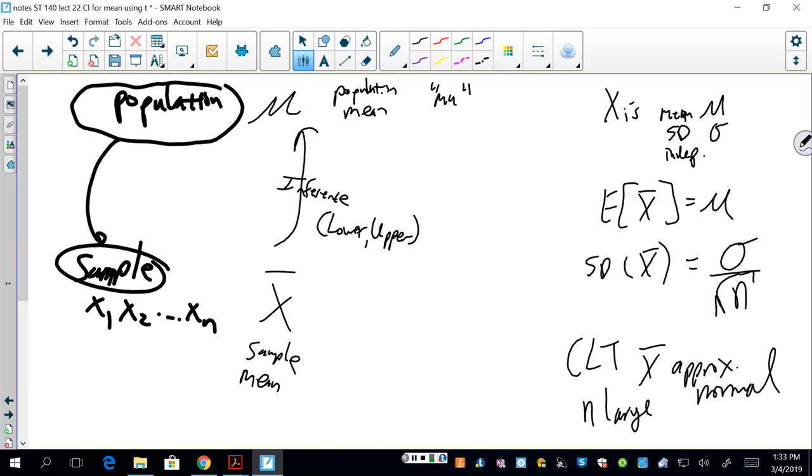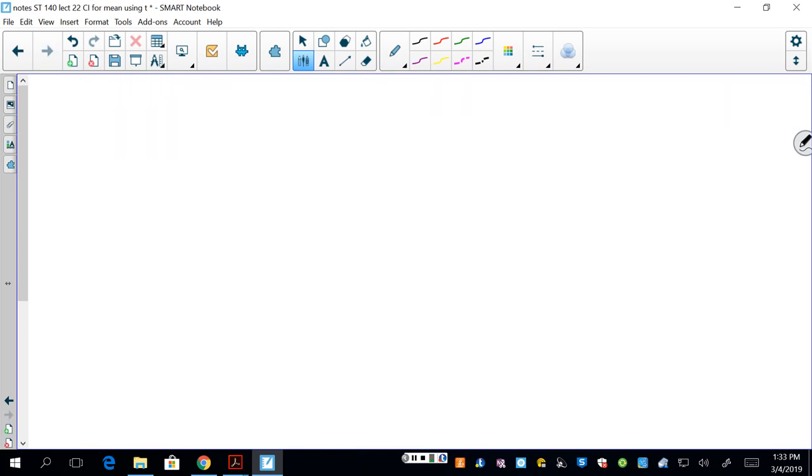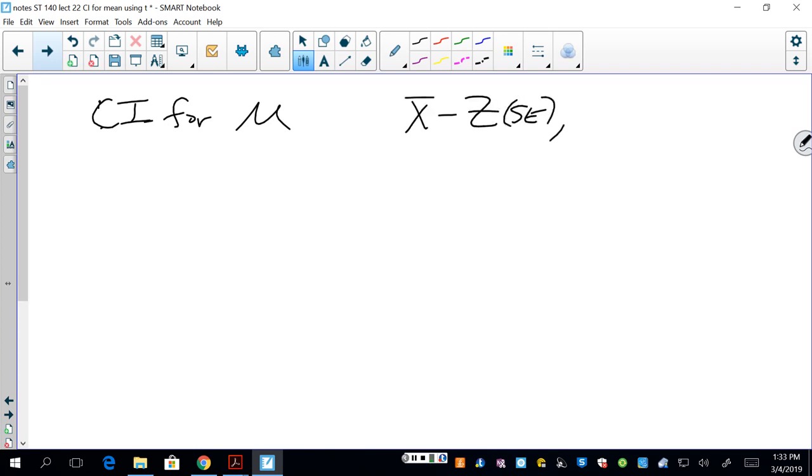So we use this normal theory to produce a confidence interval for mu. The CI for mu has the form x bar minus some normal value times the standard error, up to x bar plus some normal value times the standard error.